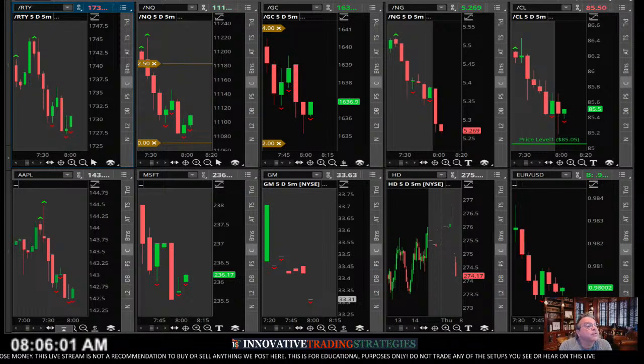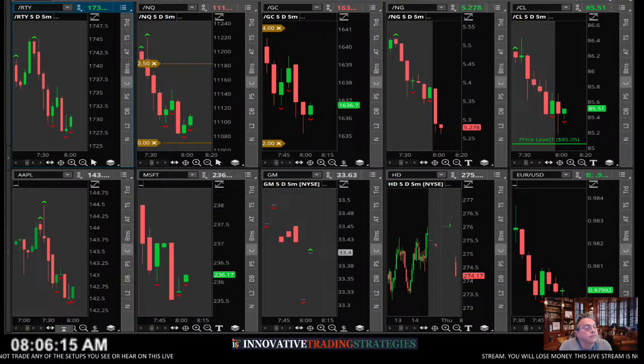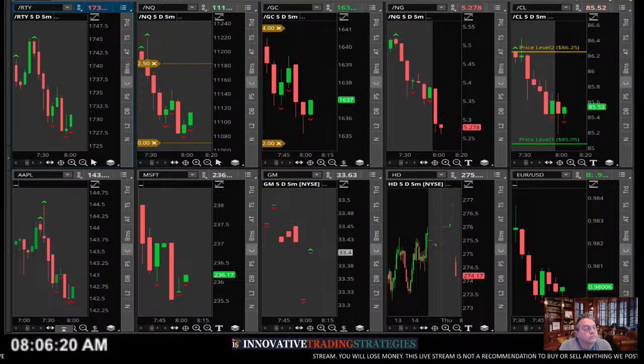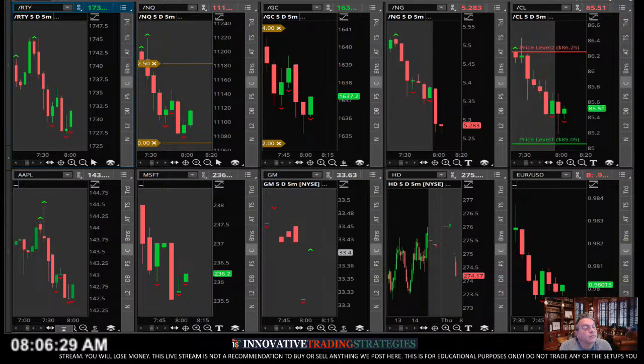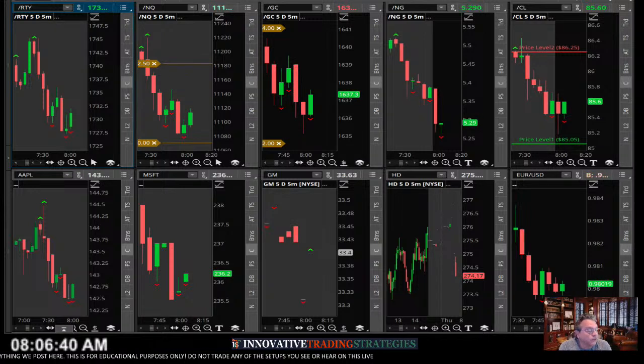Reversal on crude is going to bring us up to 86.25. All right, so we have a short mini NASDAQ going on, a short gold, and a short crude. Everything's short.